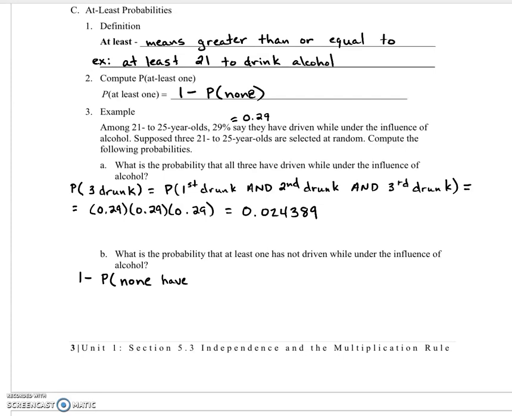The probability that at least one has not driven while under the influence is 1 minus the probability that none have not driven under the influence. So I know that sounds crazy, and in normal English we don't usually say none have not done something, because that's kind of odd to our ears in English. But if none of them have not driven drunk, that means all of them have driven drunk.